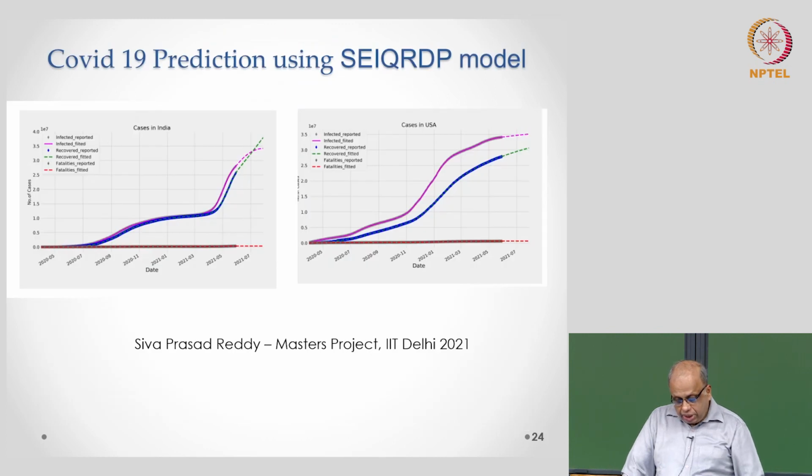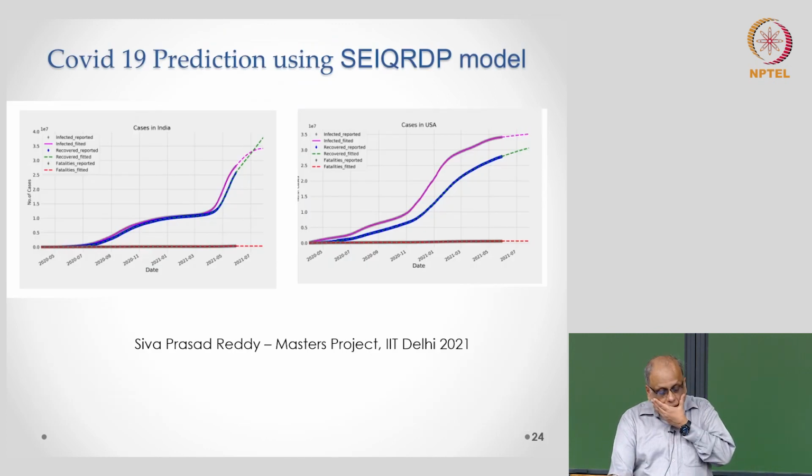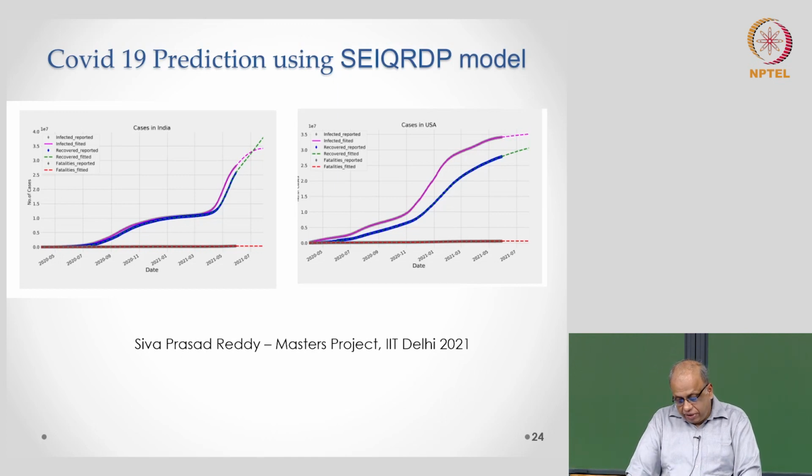So we had one student who utilized this model to predict the disease in various countries. So, for example, in India and US and so on. The bold lines are the data that we have, and utilizing that we try to predict how the disease will go after the training period.